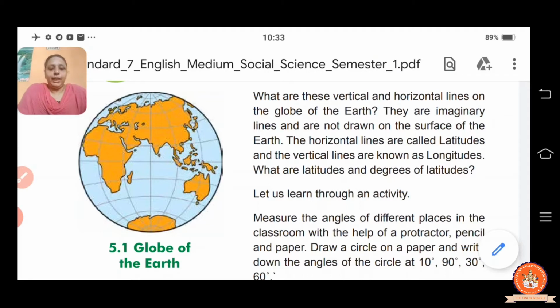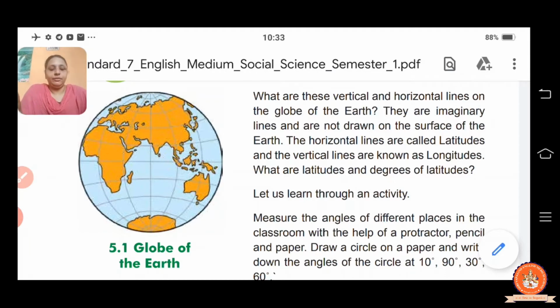The 0 degree longitude which passes through Greenwich in England is called the prime meridian. It divides the earth into two parts: the eastern hemisphere and the western hemisphere.